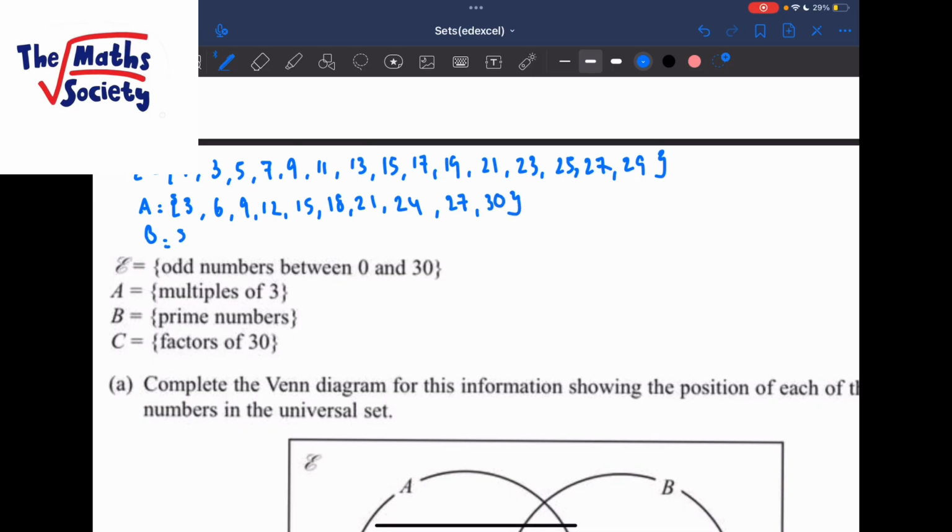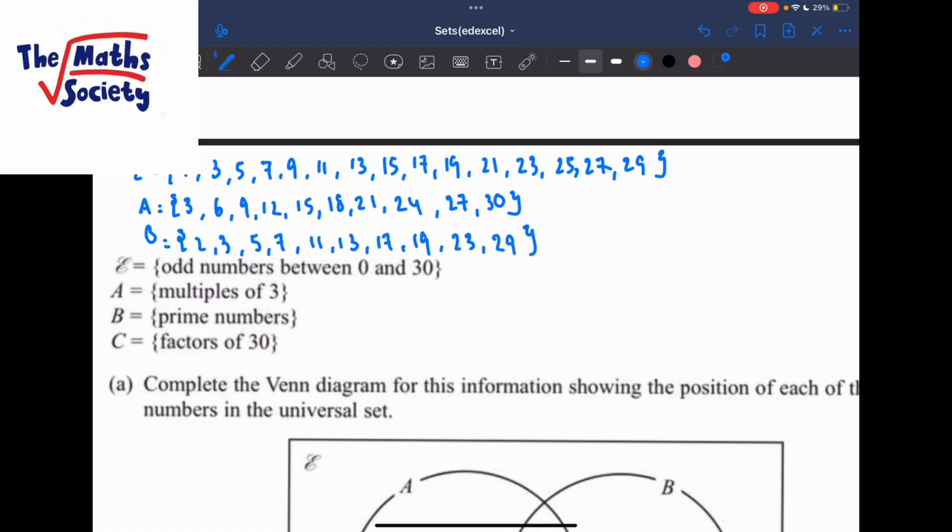B has to be prime numbers, which starts from 2, 3, 5, 7, 11, 13, 17, 19, 23, 29.